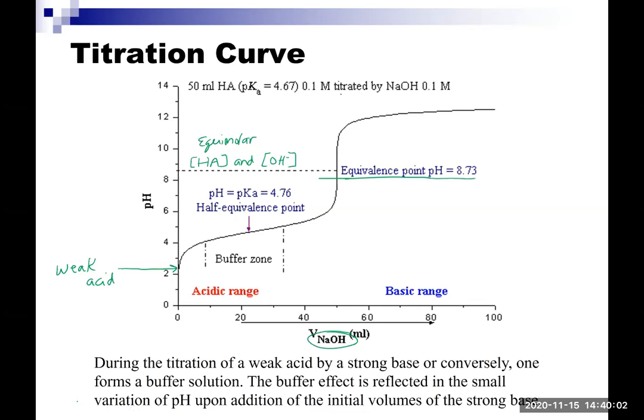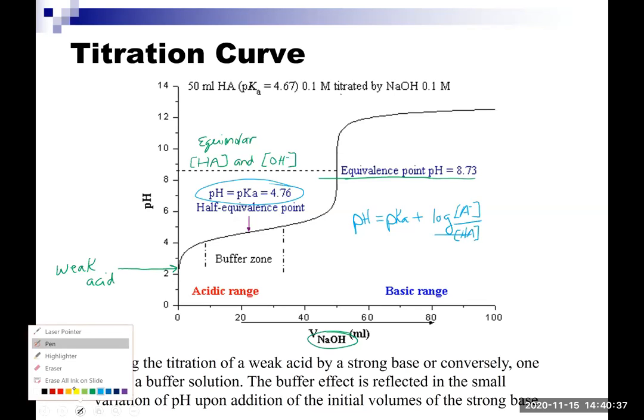Now, let's have a look at something else here. Let's have a look at half the equivalence point. And at half the equivalence point, you see that the pH equals the pKa. Now, how did that happen? Let's think about the Henderson-Hasselbalch equation that says pH equals pKa plus the log of the base over the acid. And that's conjugate base and acid.